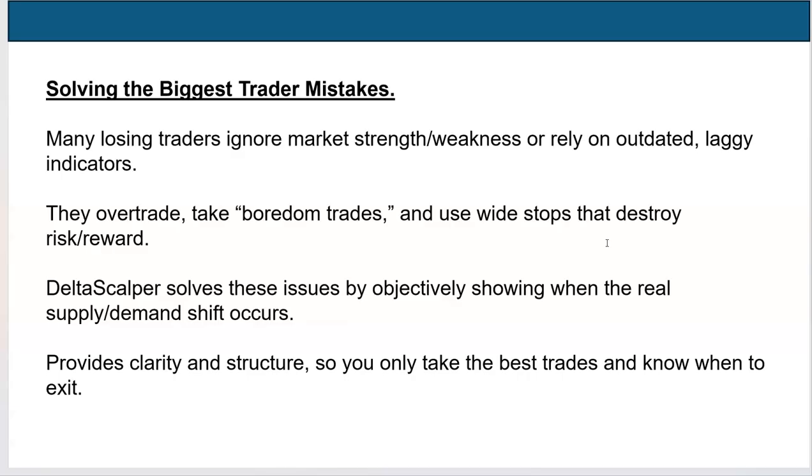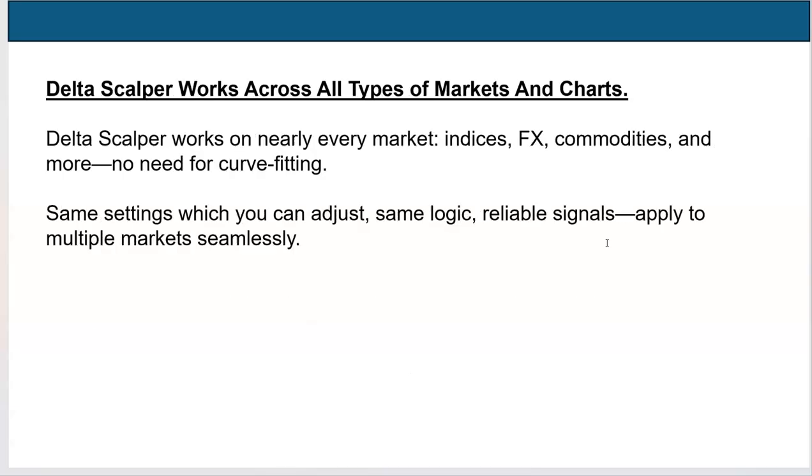If you don't know where a trade should be invalidated, then it's not really a trade you should be taking. If you have to set wide stops, it's probably not really worth the risk for you. Delta Scalper solves these issues by objectively showing when the real supply and demand shifts occur. It provides clarity and structure so you only take the best trades and know when to exit.